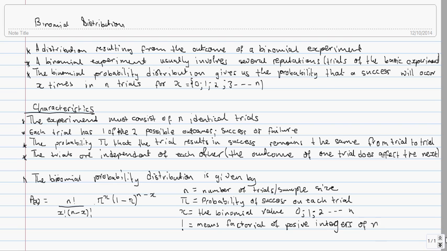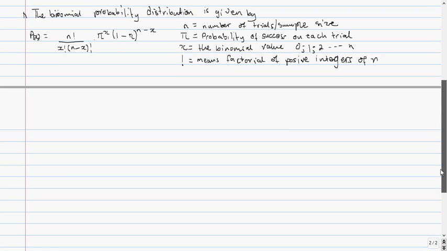For example, if we say 4 factorial, this is equal to 4 times 3 times 2 times 1, which is equal to 4 times 3, that's 12, times 2, that's 24, times 1, that's 24.